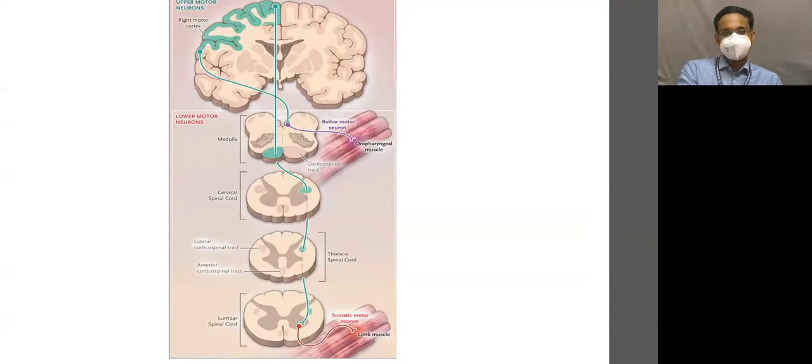From the spinal cord, you have the ventral cell where the ventral rootlets come out, and subsequently they join the spinal nerve, and the motor part of the nerve goes to the myoneural junction, and subsequently the muscle, and innervates the muscle. So that is how the motor system is classified. The upper motor neuron comprises the pyramidal tracts which come from the cortex till the anterior horn cell, and from the anterior horn cell, including the anterior horn cell, is considered lower motor neuron.